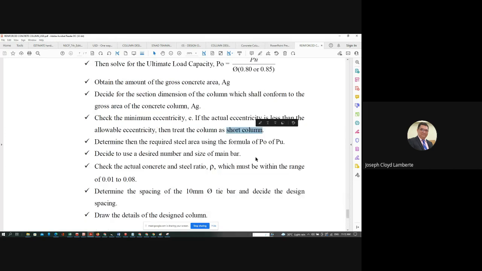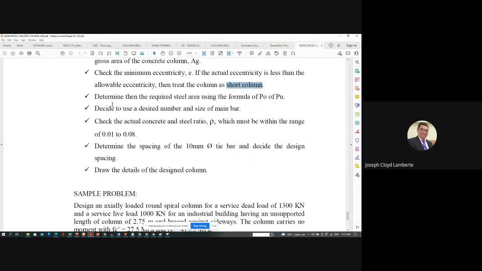So continue ka sa design mo sa short column. And then, determine the required steel area.